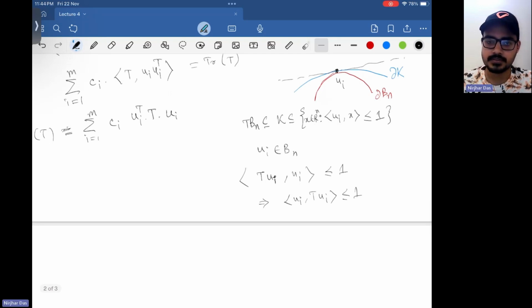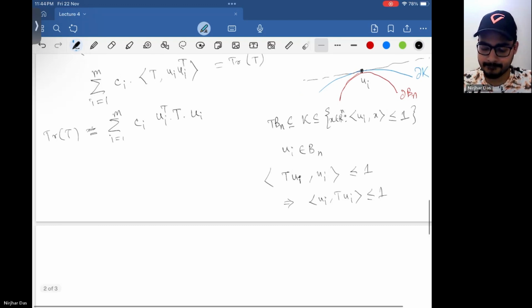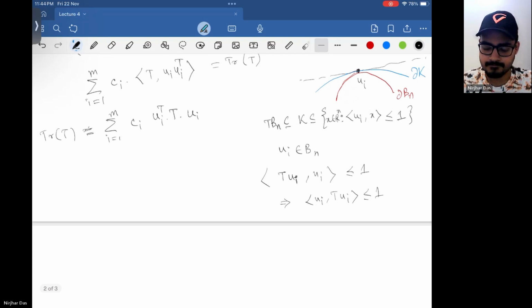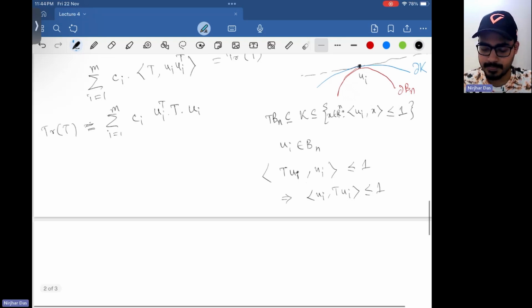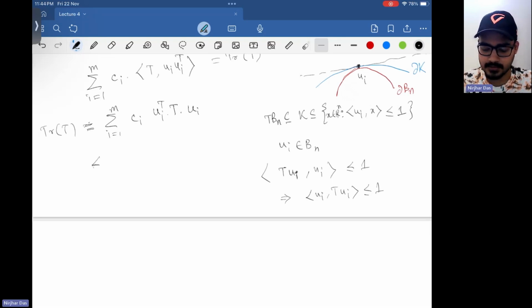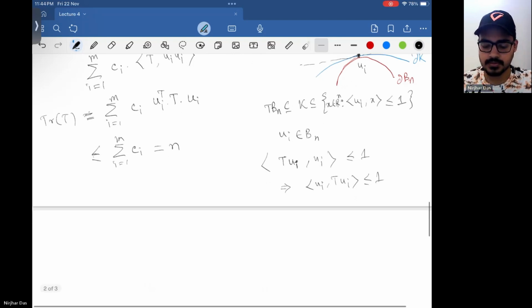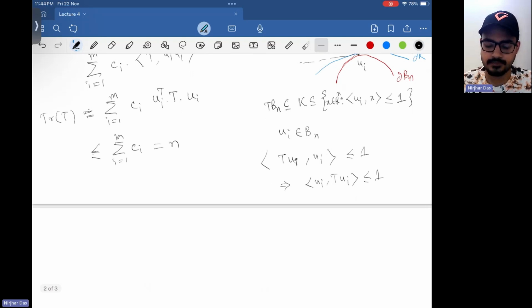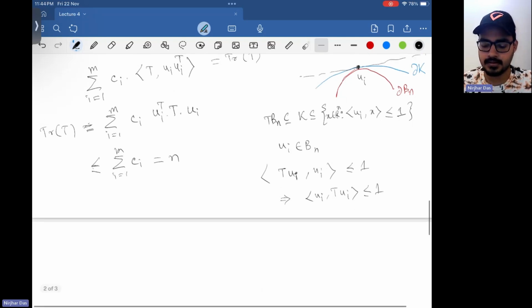So what we have is that trace of T is less than or equal to the summation over i from 1 to m of Ci. And last time we saw that this summation is equal to n. Therefore, the trace of T must be less than or equal to n.